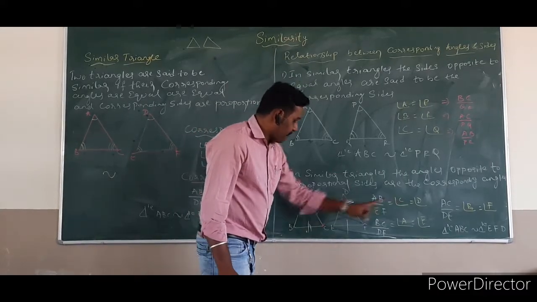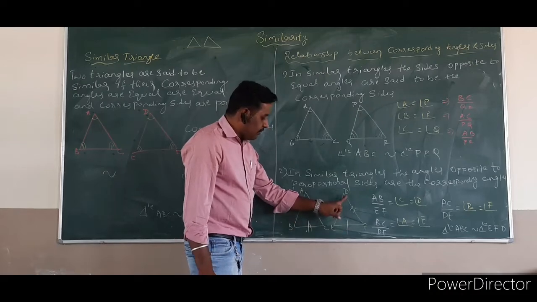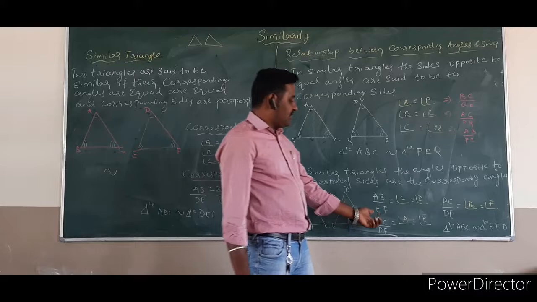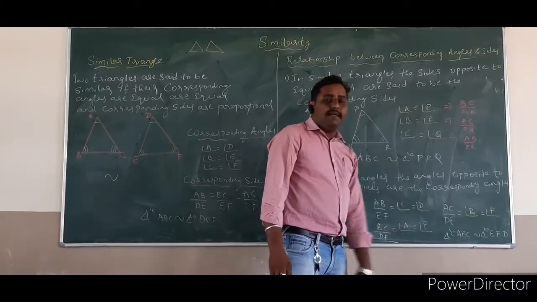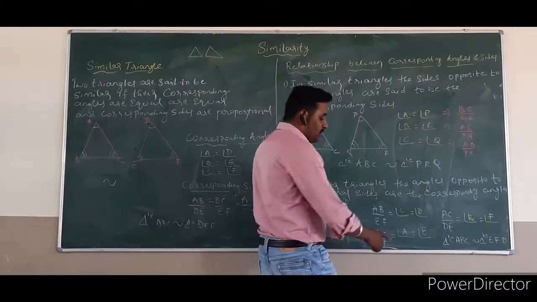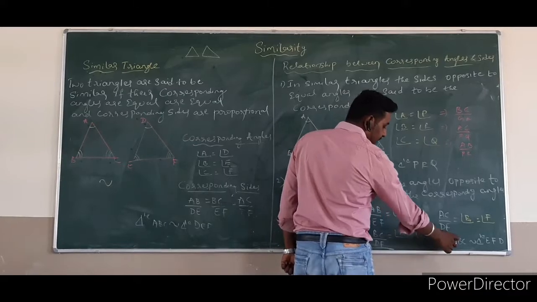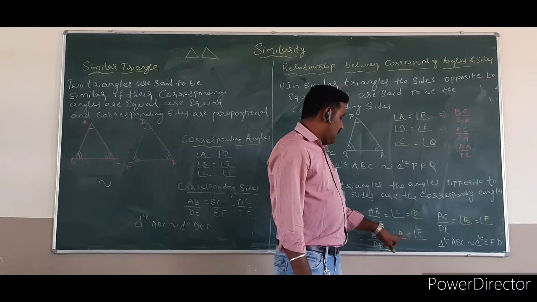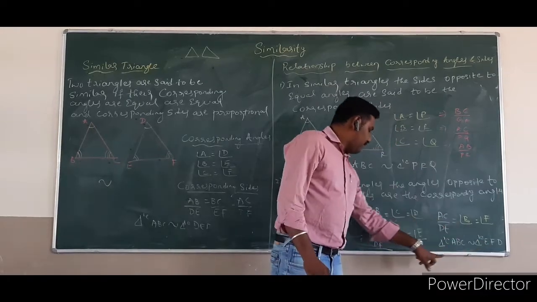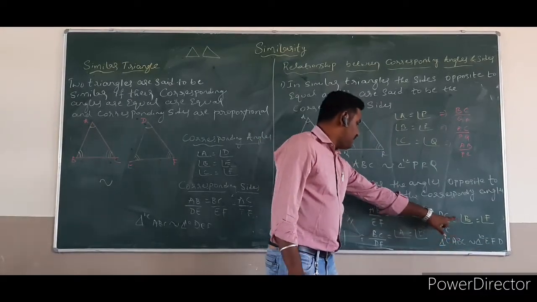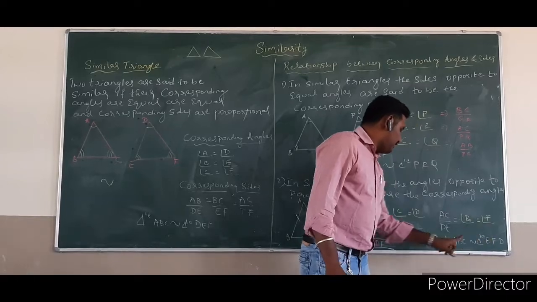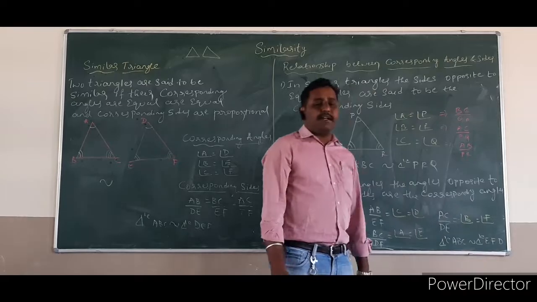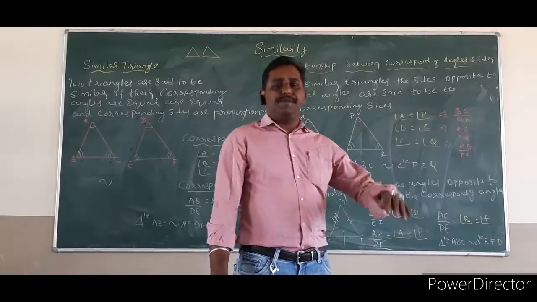Angle C. And the angle opposite EF is angle D. Similarly, you can write the proportional sides and equal angles. Here also, writing triangle ABC is similar to triangle EFD is very important. Look, angle A is equal to angle E. Next, angle B is equal to angle F in the second place, and C in the third place, C equals D. So the orderly arrangement of vertices should be in order.